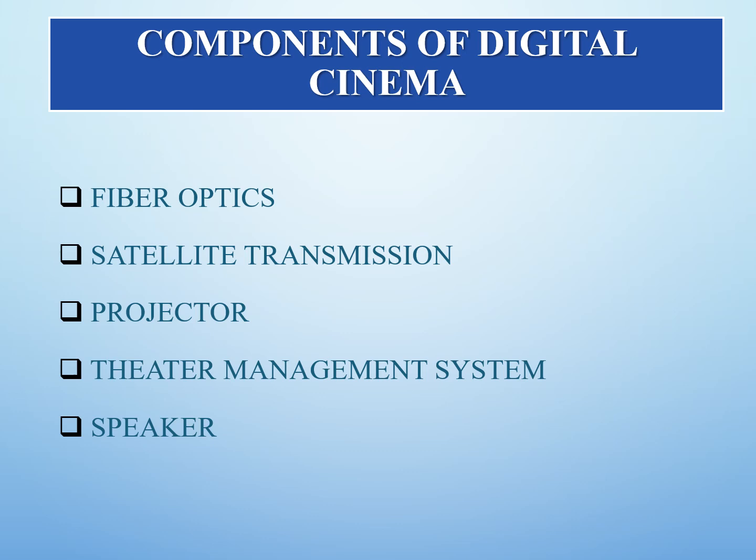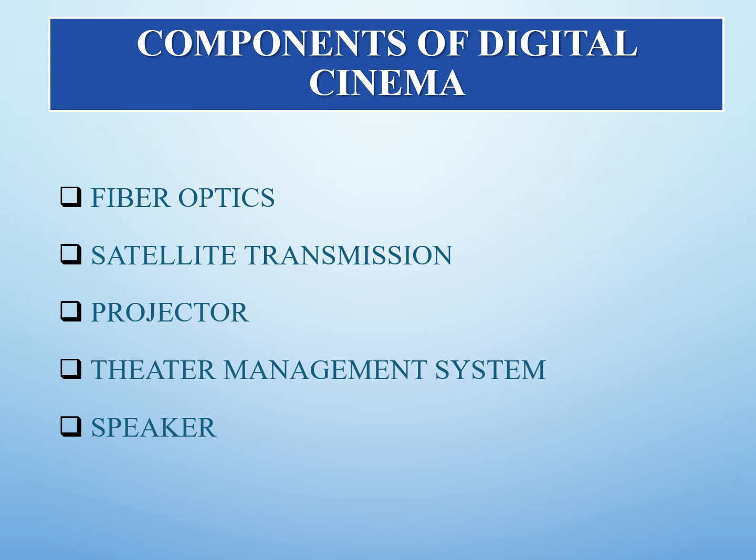DLP cinema projectors. Three manufacturers have licensed the DLP cinema technology developed by Texas Instruments: Christie Digital Systems, Barco and NEC. Early DLP cinema projectors use a limited 1280 by 1024 resolution, or the equivalent of 1.3 megapixels.